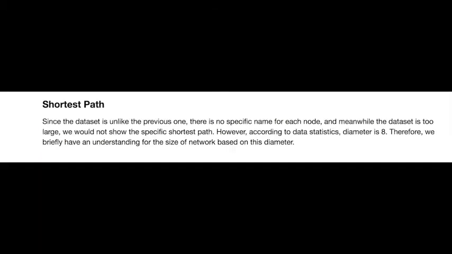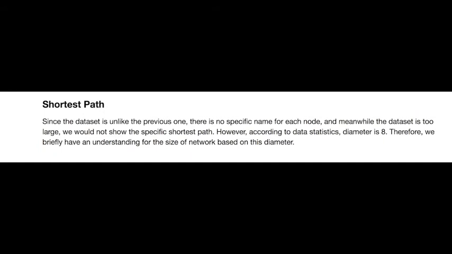So for the shortest path, the Facebook data set is really different from the previous one. For the previous one, each single node stores different information, and we could find the shortest path between every single node.